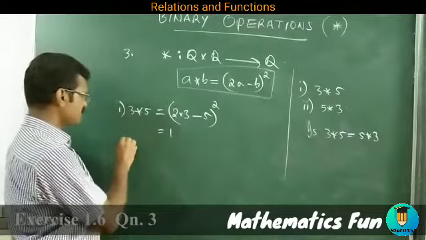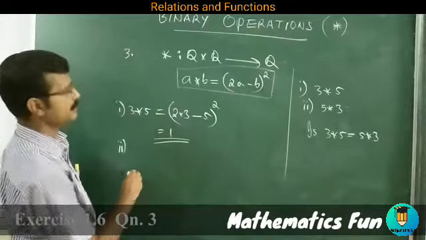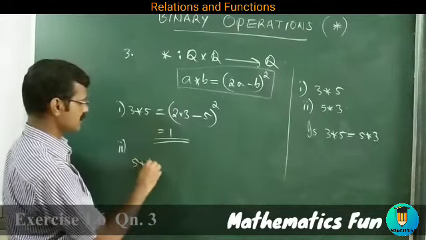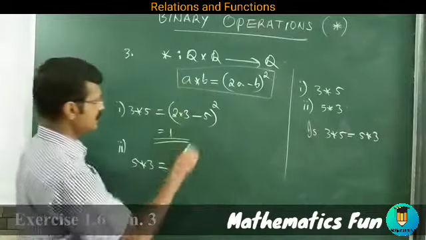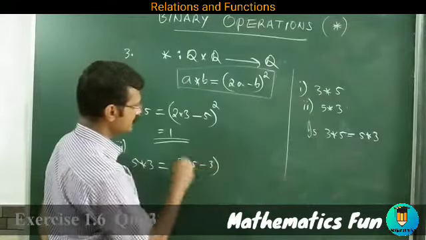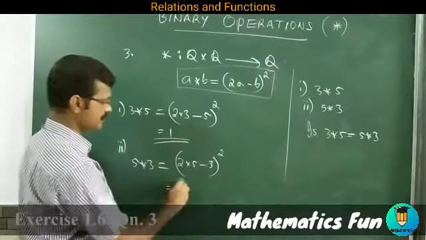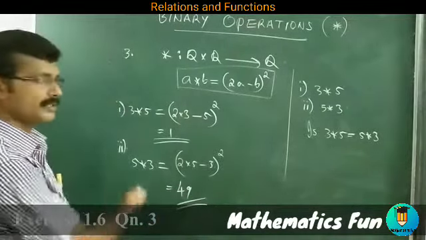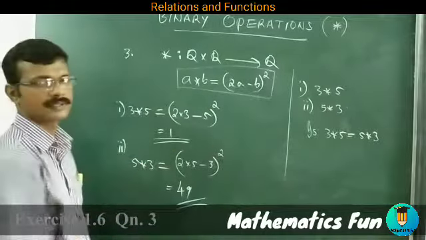That is the first part. Now for the second part we have to find 5 star 3. Again substitute, in place of A it is 5. That is (2 into 5 minus 3) whole square. 10 minus 3 is 7, 7 square is 49. So simple, 3 star 5 and 5 star 3, just substitution.